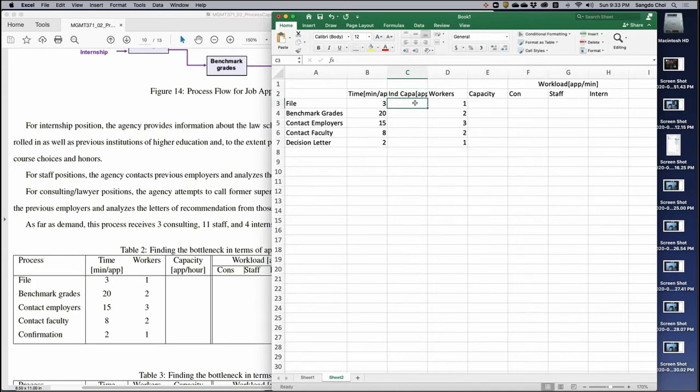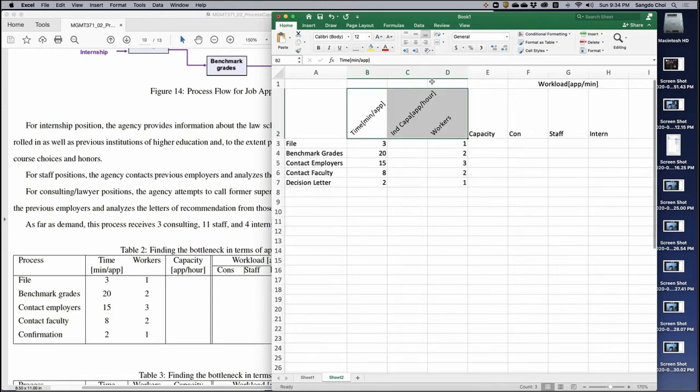Processing time is 3 minutes, which means we can process 1 over this time, that is applications per minute, and we have to multiply by 60 minutes. So individual capacity will be 1 over processing time times 60 minutes, that is the hourly unit.